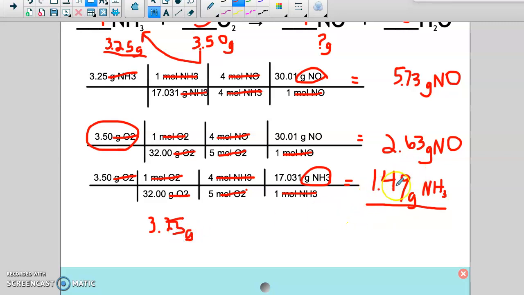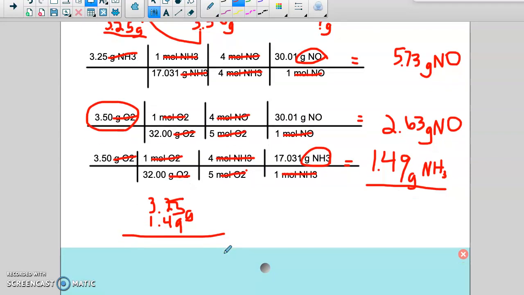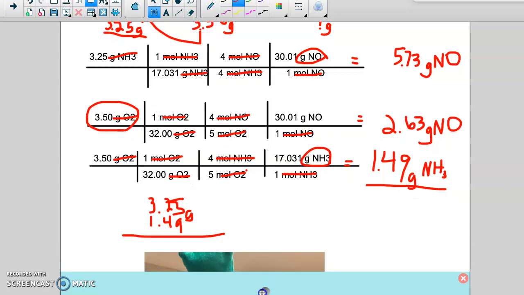And then over here, this is how much we actually need. So we're going to subtract 1.49 over here. And when we do that subtraction, we should be getting 1.76. That's how many grams of our excess reactant we're going to have left over.